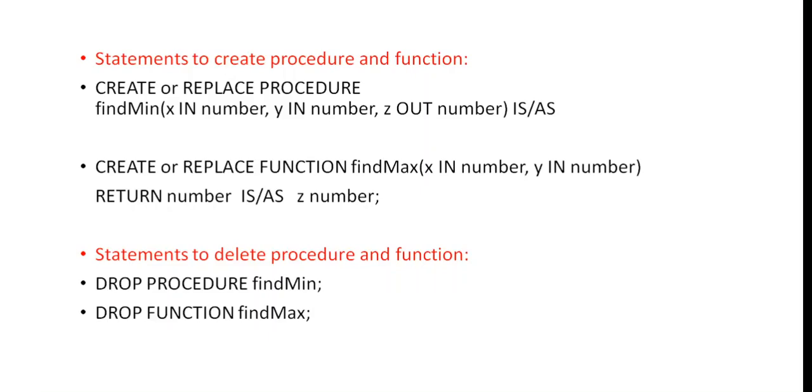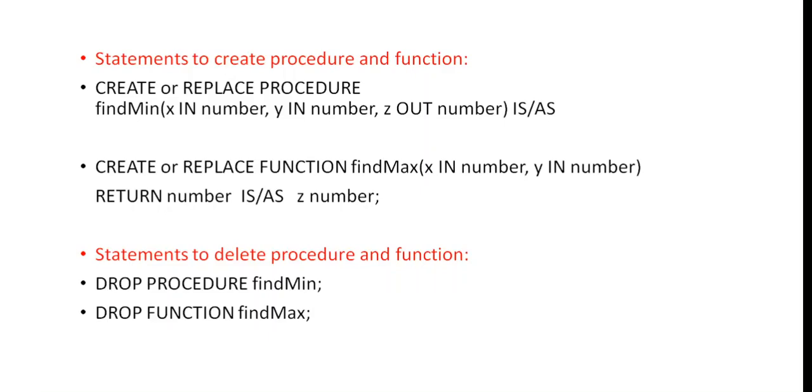Then three types of parameters: the in parameter, which is used to receive input by the procedure or function, and the out parameter, which is used to pass values to the calling block. But the out parameter is mainly used by procedures. The out parameter is not used in functions. Instead, in functions we use the return keyword.